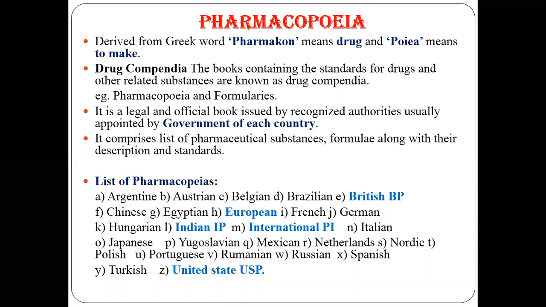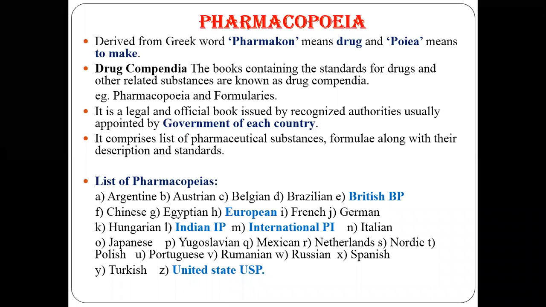Then the European Pharmacopoeia is there for Europe. Each and every country has its own pharmacopoeia, and they edit it year-wise or as per their requirement.